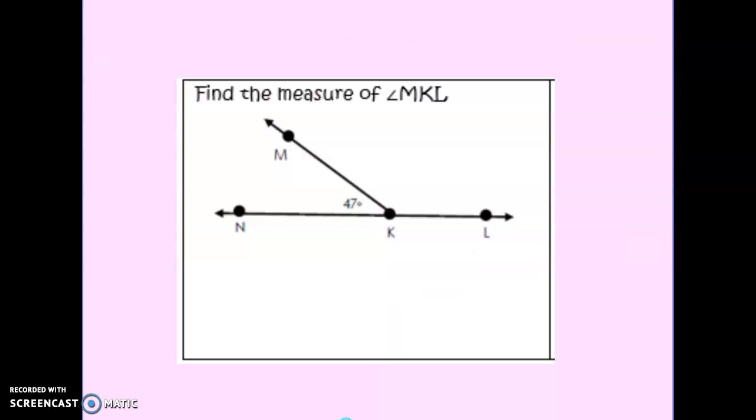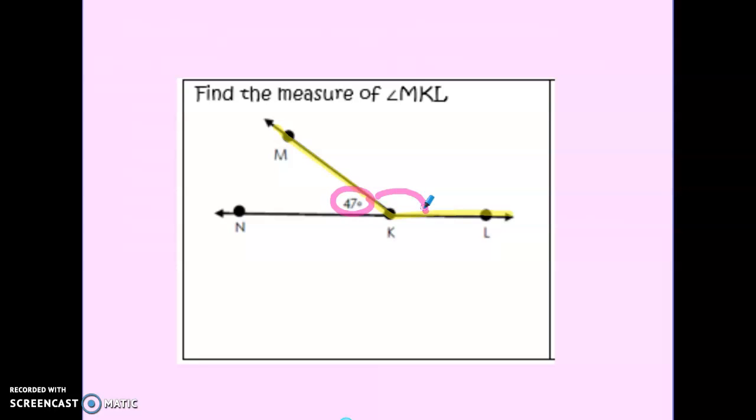All right, so now it's asking us to find the measurement of angle MKL. MKL is this over here. We can find the measurement based on what we learned yesterday with our angle measurements because we have supplementary angles. We've got this angle here, and then this angle that is here.